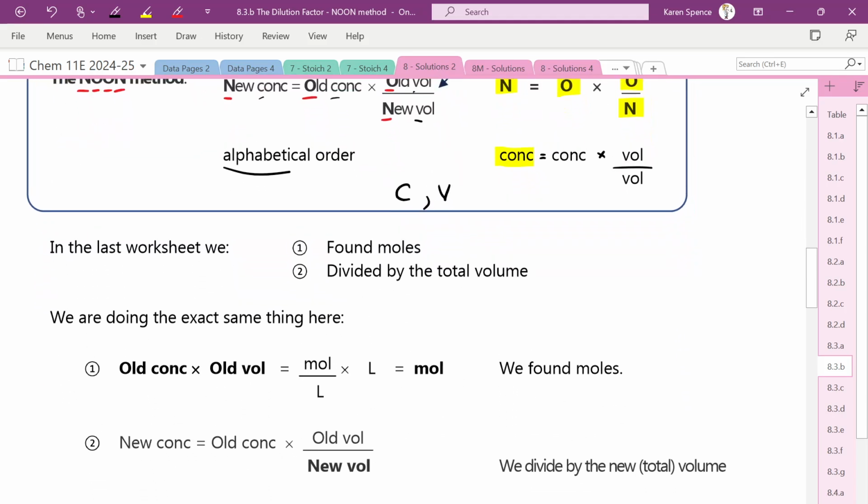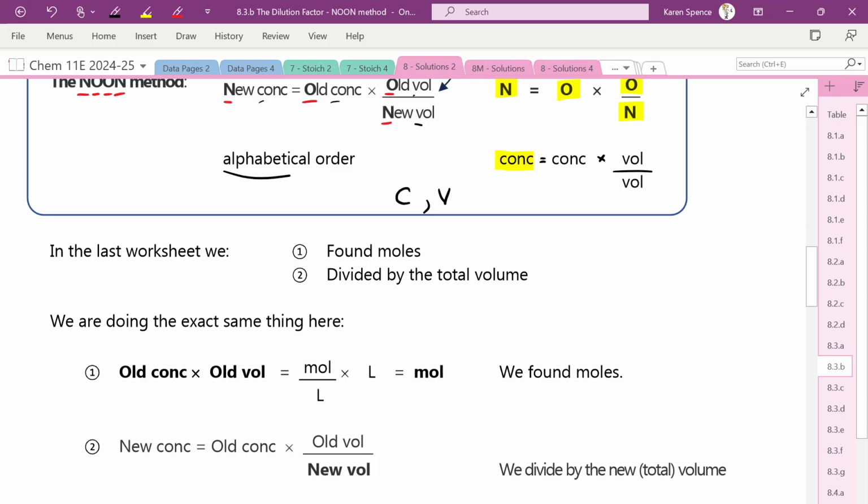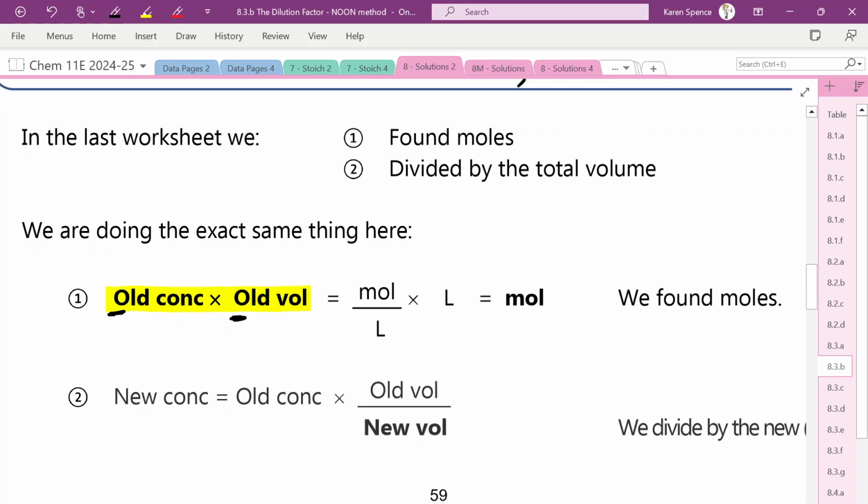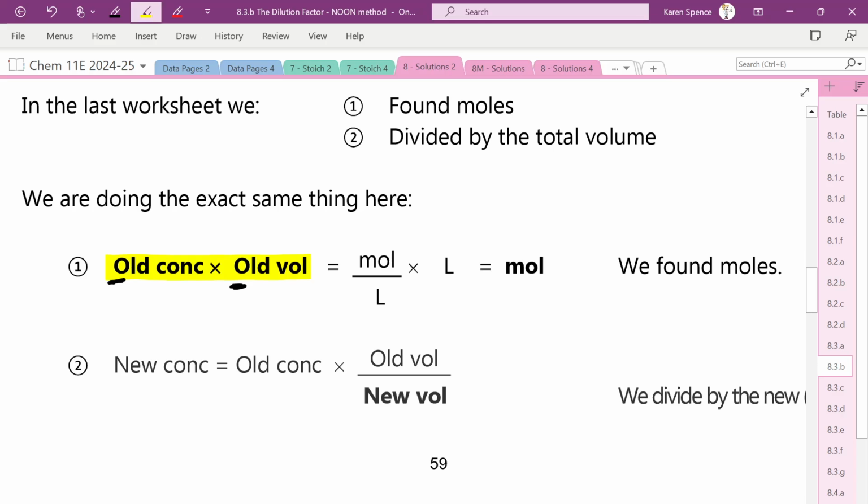So in the last worksheet, we found the moles, and we did that by taking our old concentration and multiplying by our old volume. And that gave us our moles. And we can see we still have that in our new formula.